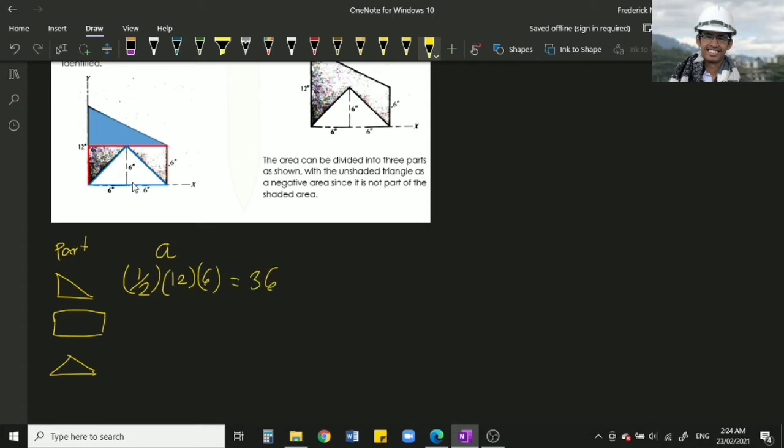Okay, yung area ng rectangle natin, that will be 6 times 12, so that will be 72.